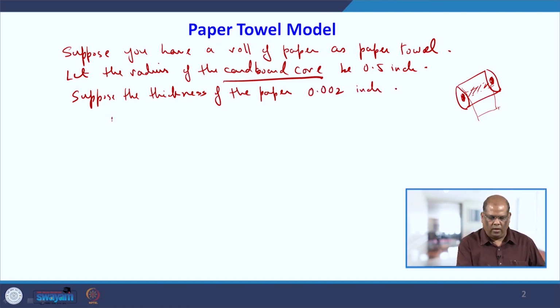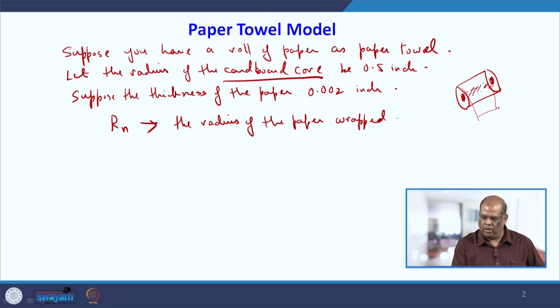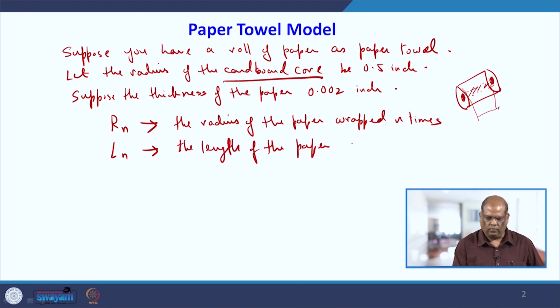So, we define the variables: R n is the radius of the paper wrapped n times, and L n is the length of the paper used for wrapping till n times.